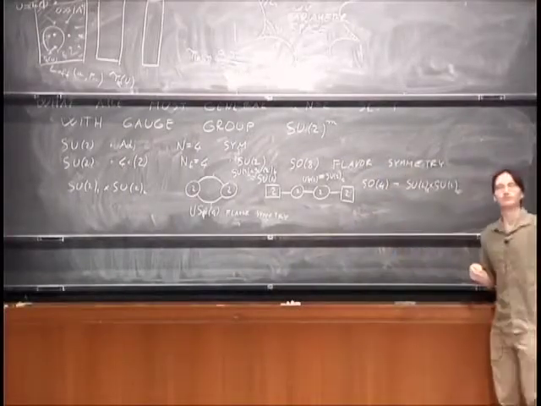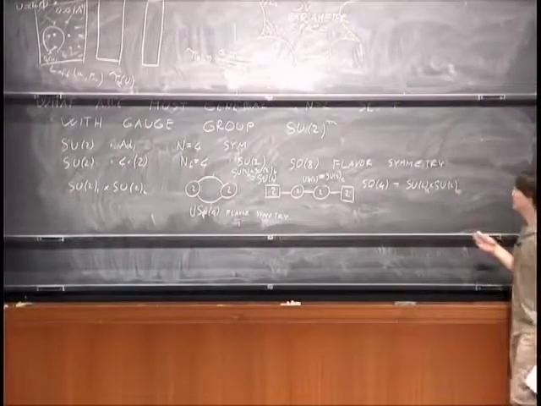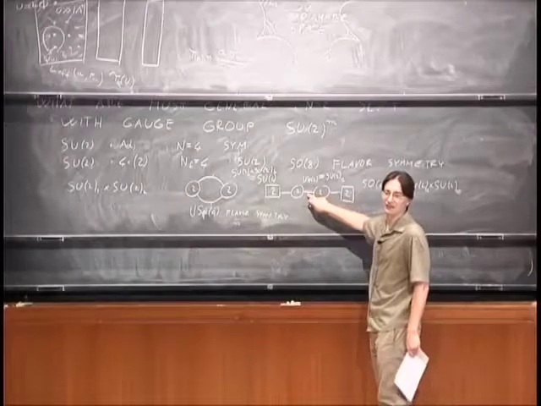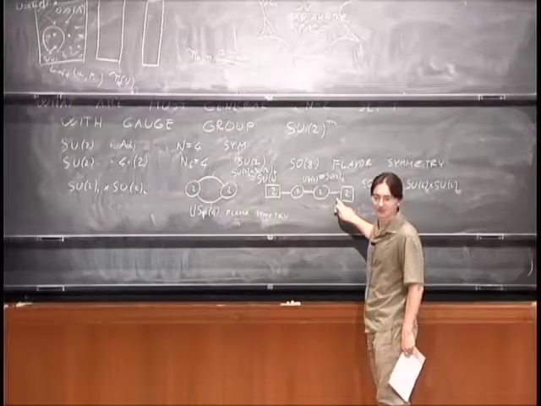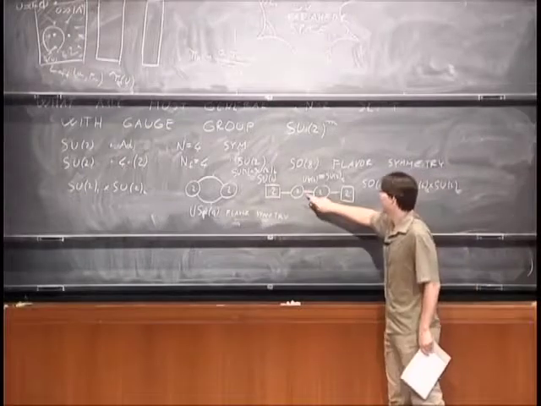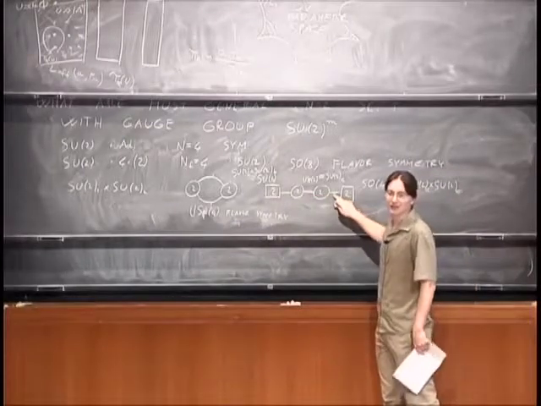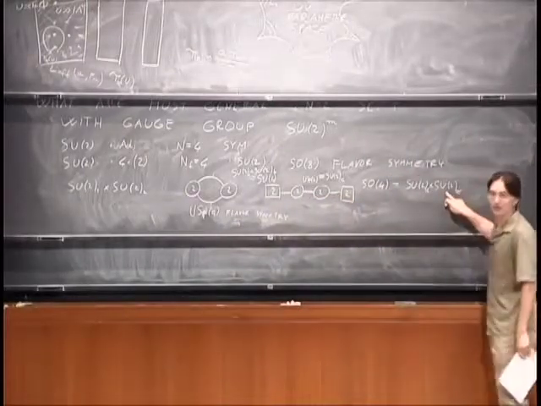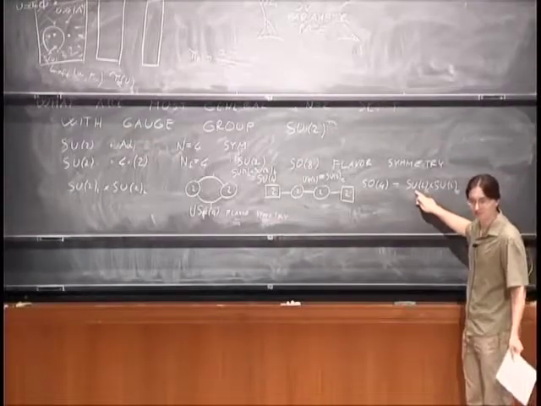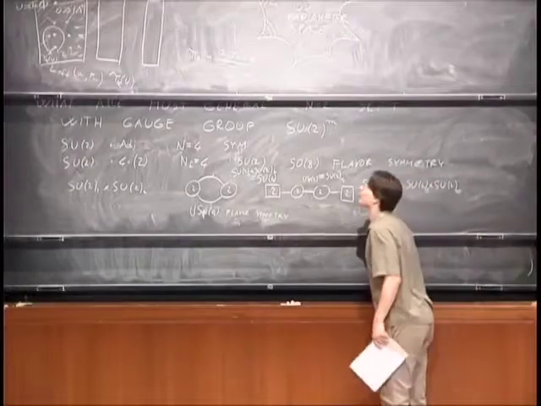Okay. Now, notice that, as I said, a bifundamental is the same as 2 fundamentals. What's going on is that to get a bifundamental out of a fundamental, you gauge one of the 2 SU(2)s, and the other one is left as a flavor symmetry. So let me be a bit more specific.